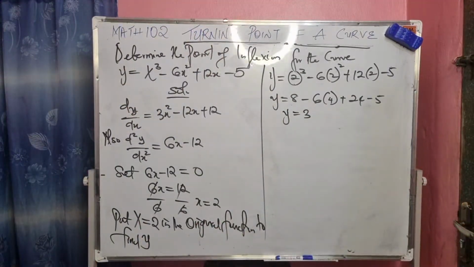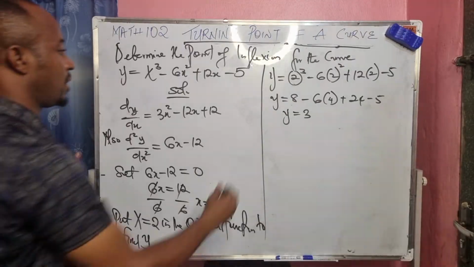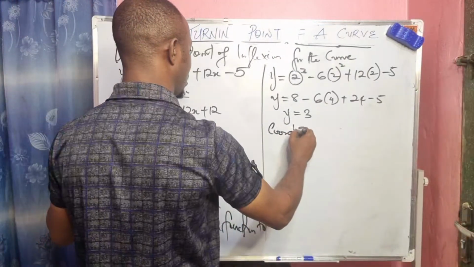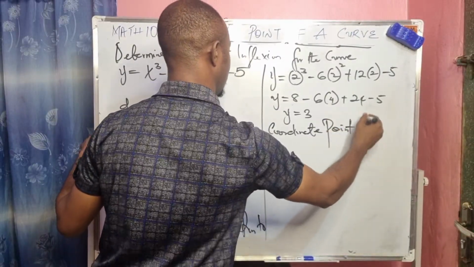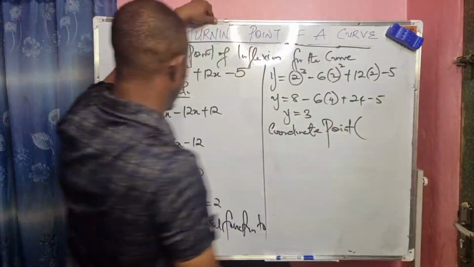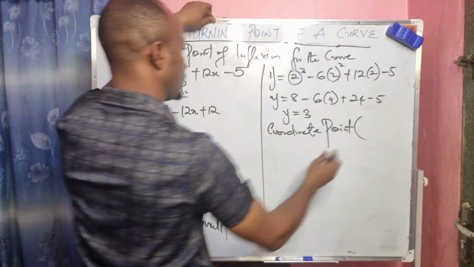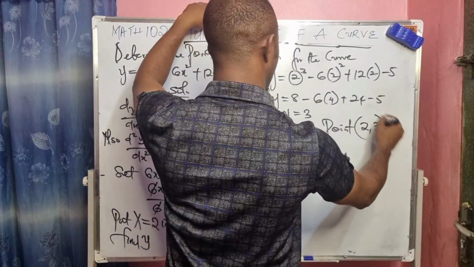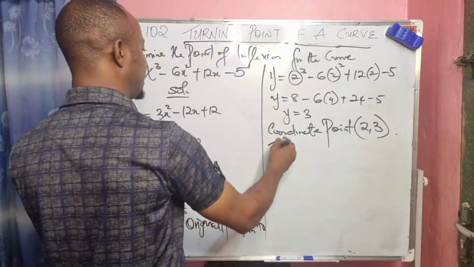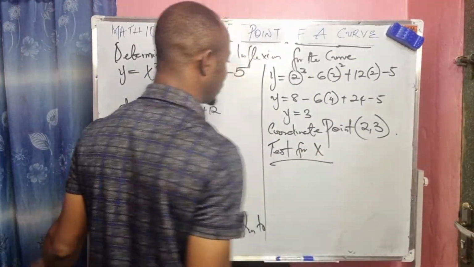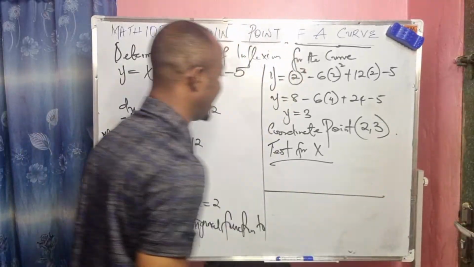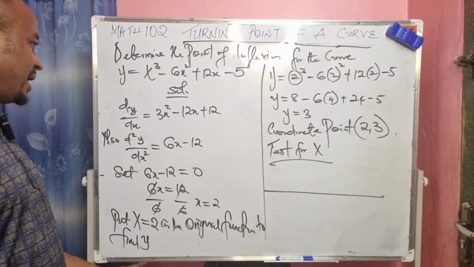Okay, so that implies that the coordinates of the point are: when x equals 2, y equals 3. The next is to test for x. In this case, our x is 2.